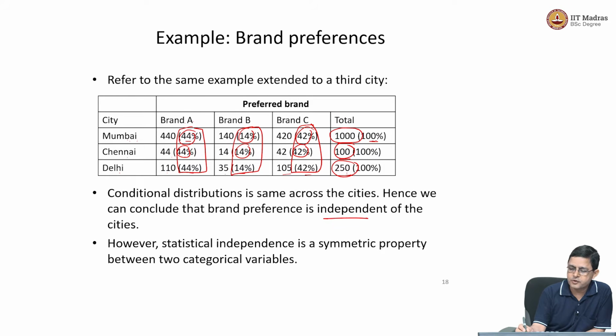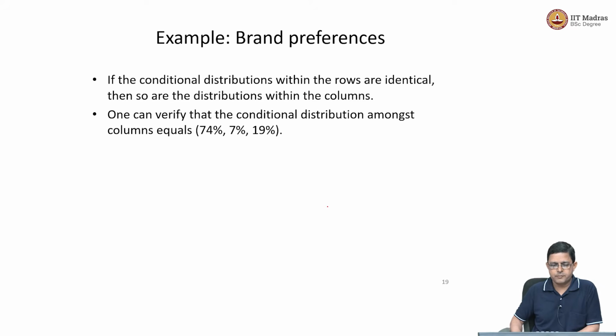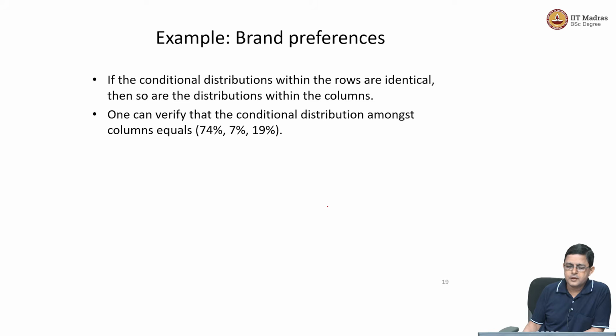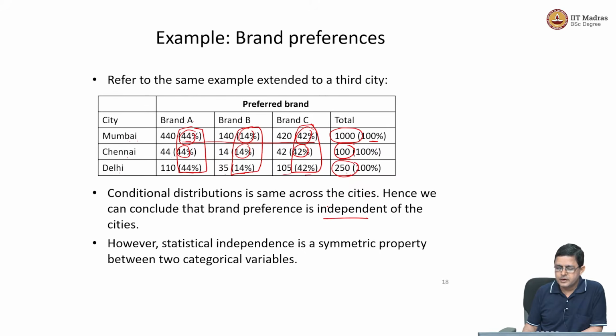So 100% of respondents, 44% prefer brand A, 14% prefer brand B, and 42% prefer brand C. This was the row proportion. If you calculate the column proportion, even that is going to be the same. That tells you that statistical independence is actually a symmetric property.